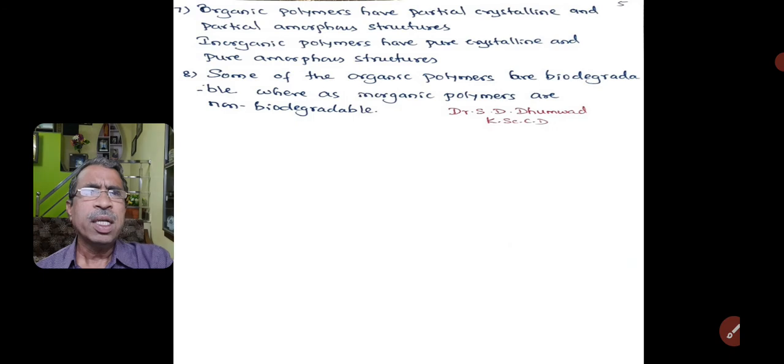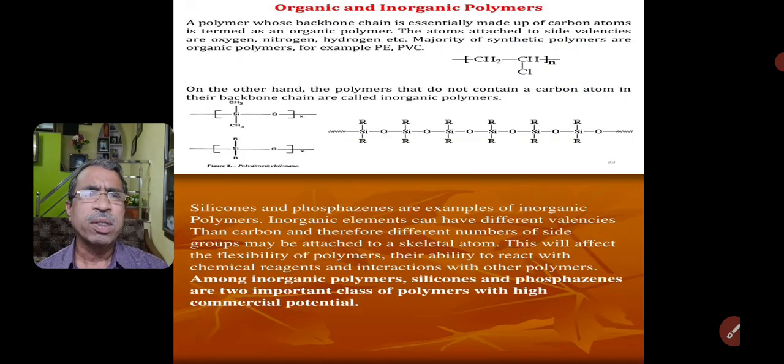Students, let us see about these aspects. Now, these organic and inorganic polymers, as I have said, here I have given some of the points. A polymer whose backbone chain is essentially made up of carbon atoms is termed an organic polymer.